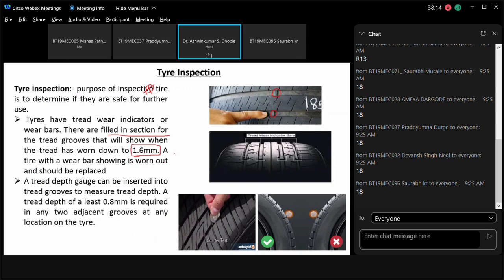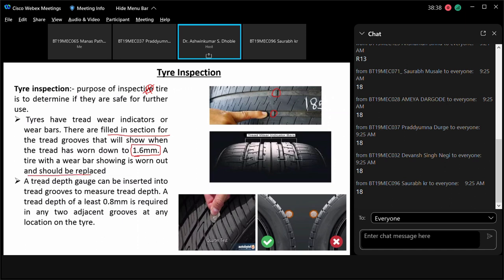Okay, that means this 1.6 is a general idea I have given, it is very difficult to mark it, but generally if you see that there is a wear which is indicated on this tread wear mark, then you can very well understand that the tire has worn out to the level which is not expected, so you should replace that.